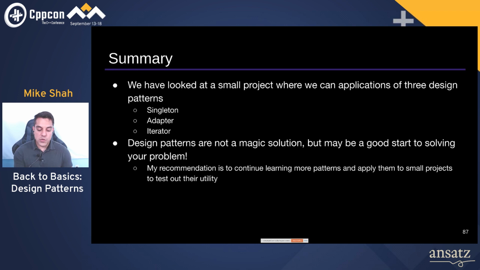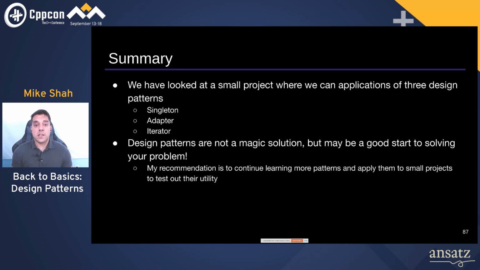Okay, so I want to start summarizing what we've learned. We've looked at a small project, or we can pretend it's a very large project, developing a screensaver with some colleagues and applying some design patterns to it: a Singleton pattern, adapter pattern, and iterator. We've seen the design patterns are very helpful. We've seen some of the strengths and where they can help us in this example.